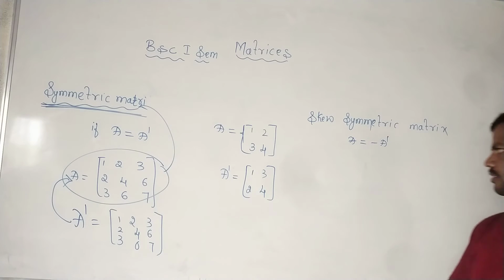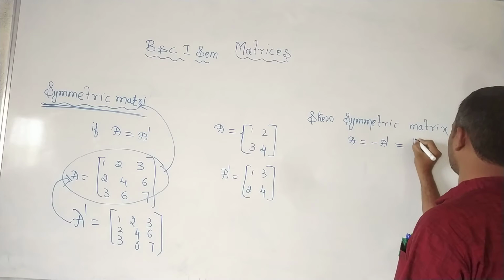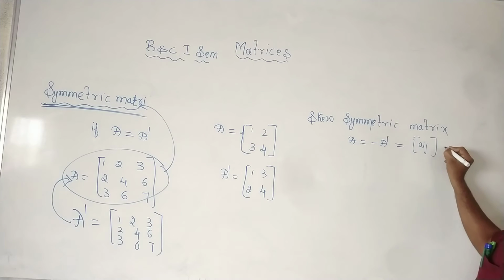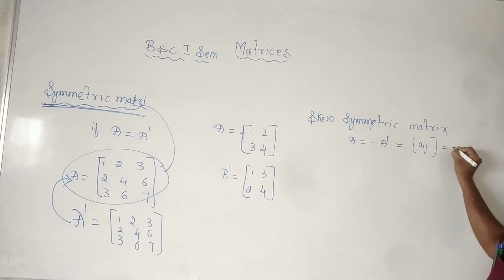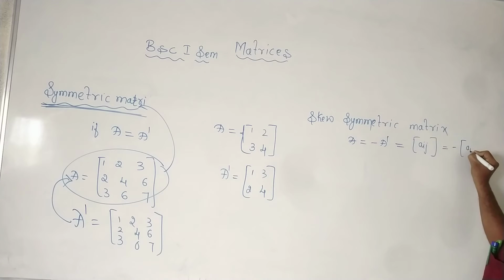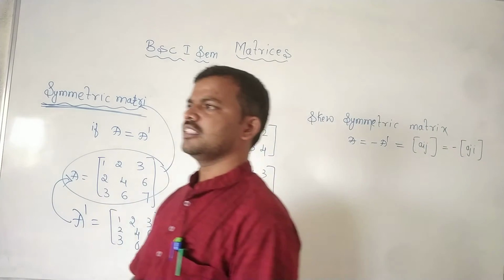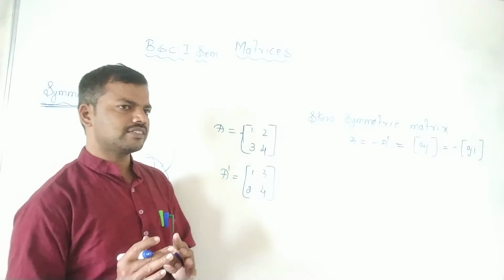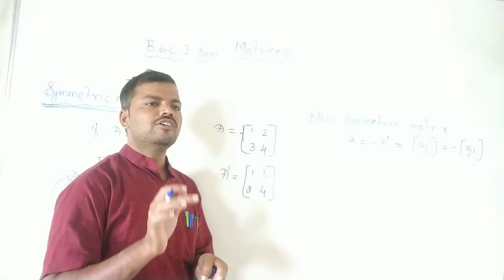You can also define it like this: Aij is equal to minus Aji. If these are equal, then we say that A is a skew symmetric matrix. How do we easily identify a skew symmetric matrix?